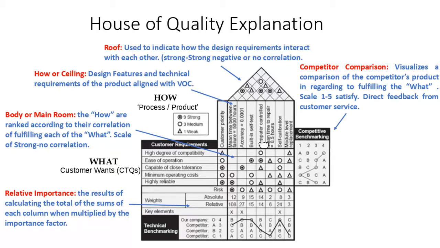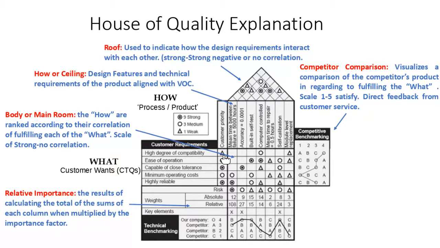So when you want to see the relation between the customer requirements and the design features, this is the customer requirements and this is the design or technical requirements by the engineers. You see the main room or the body of the house of quality. This is from the customer requirements, to prioritize his requirements from high to low, to know how he considers each requirement, whether it is high, medium or low.